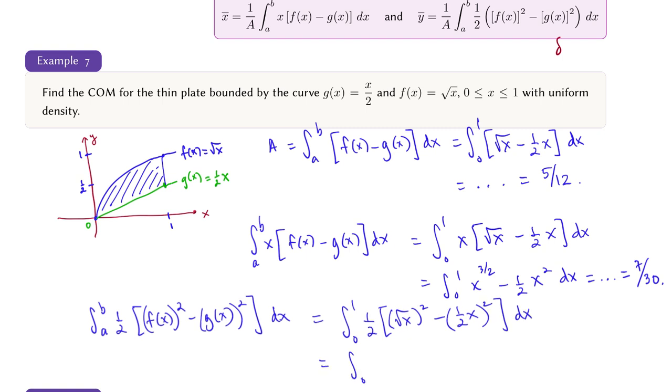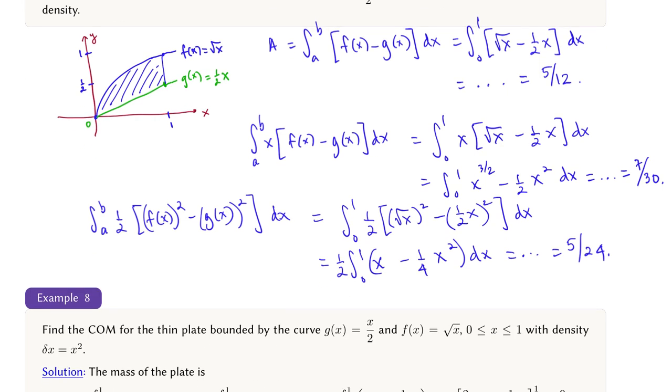Simplifying this, we have the integral from 0 to 1, 1/2 the square root of x squared is x, 1/2 x squared is 1/4 x squared, then dx. Evaluate this integral, we will get 5 over 24.